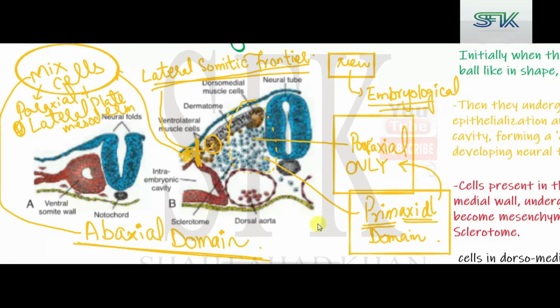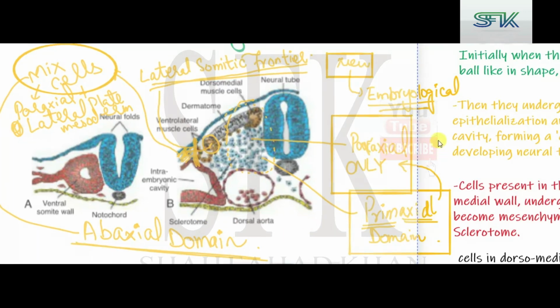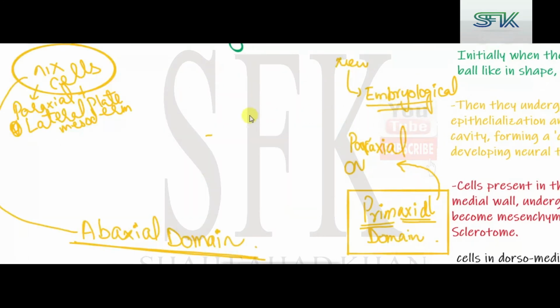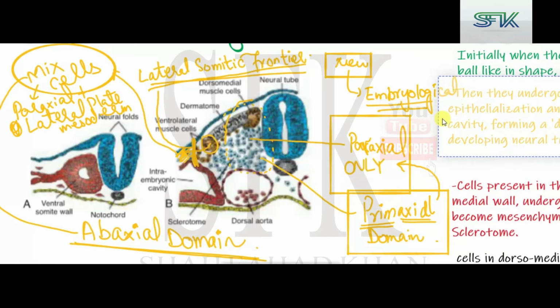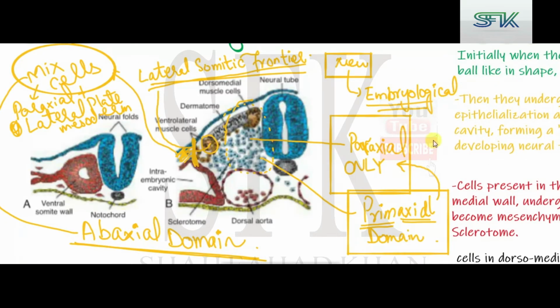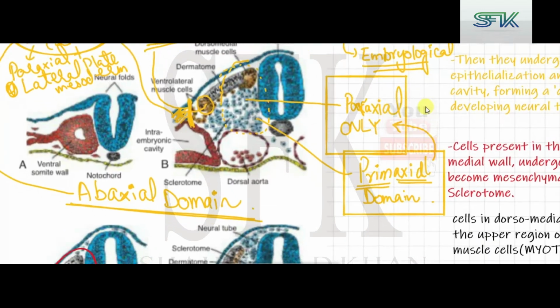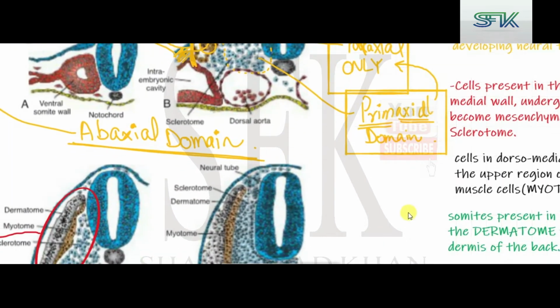So this is an important concept of muscle development, the more recent, new concept, which is based on the embryological development of the muscles. It's present in Langman's Embryology, basically in the 14th edition.